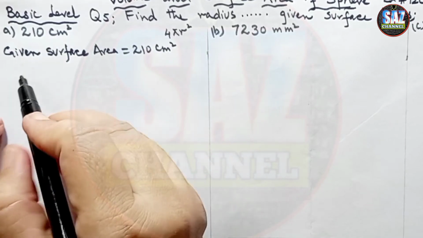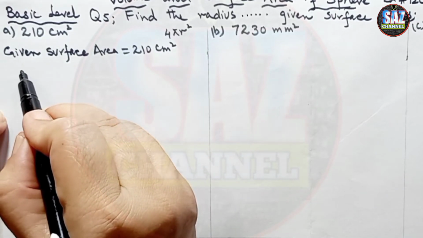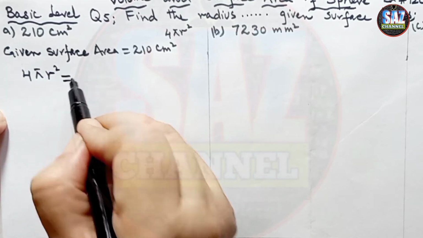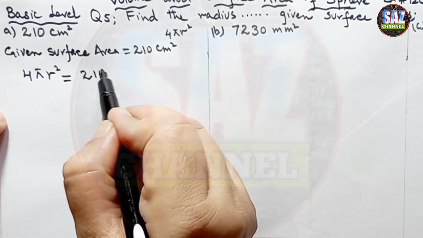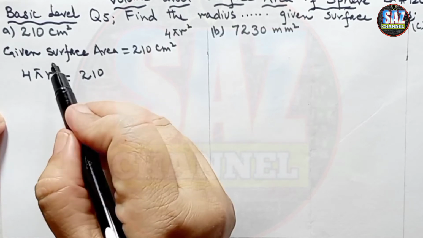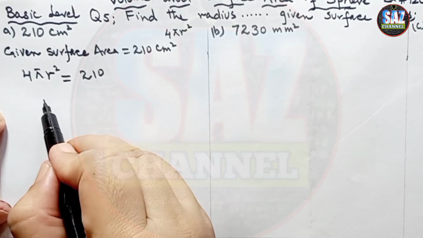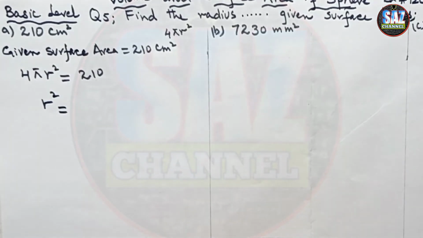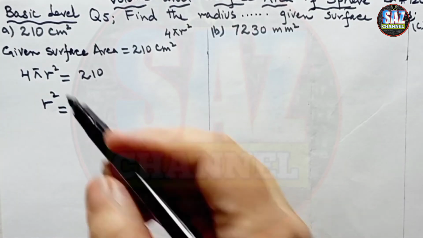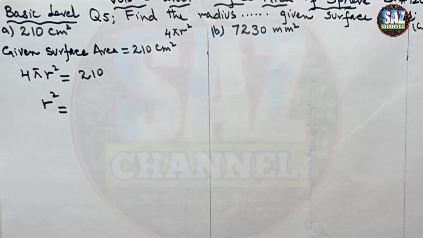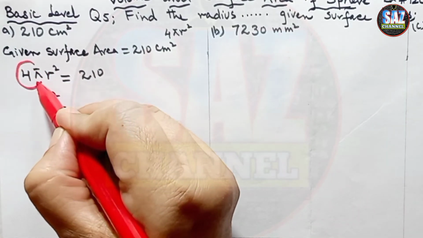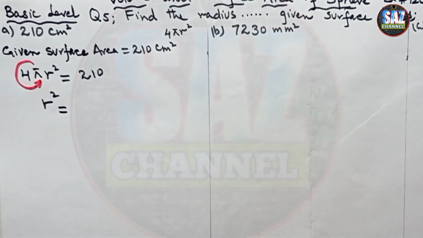Now really easy, and that formula for the surface area is 4 pi r square equals to 210. Now what we have to do, we have to find value of r or r square. So I will be keeping r square on the same side. I have to make r the subject of formula. So whatever is extra here, extra is 4 and pi. They are multiplied with each other, so I will be shifting this 4 pi to other side.